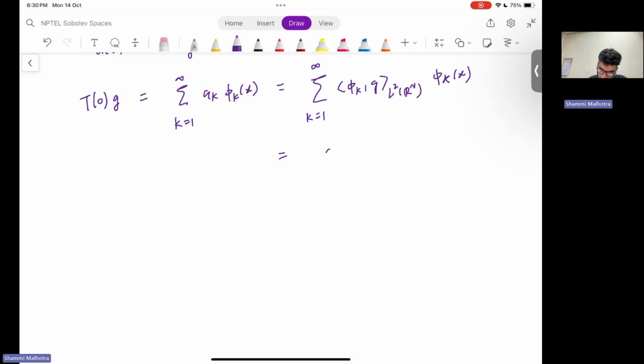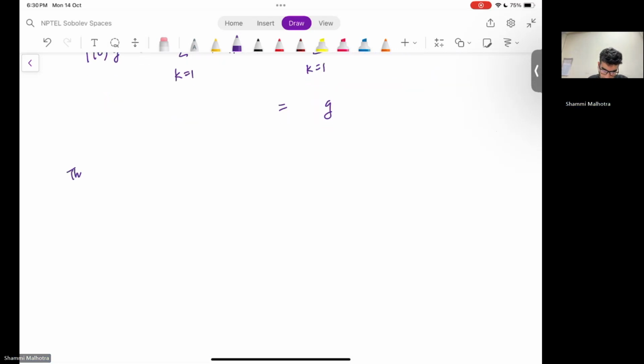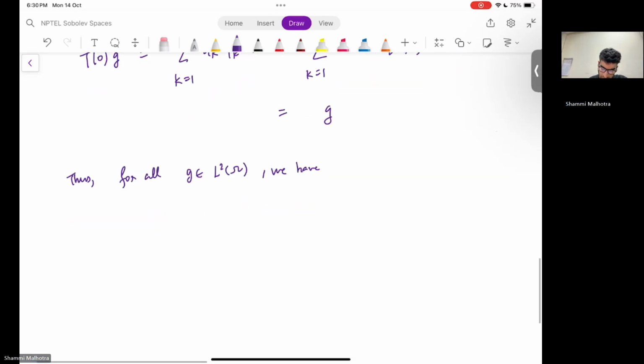So this is g only. This implies that for all g in L2 omega, T(0) g is nothing but g only.